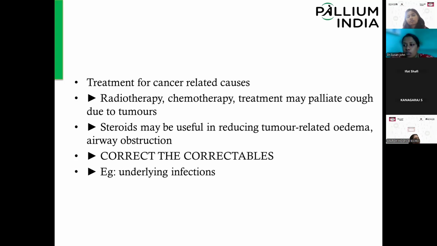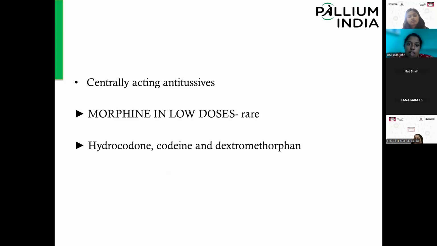If any correctable cause is there, such as an underlying infection, you have to correct it with antibiotics. We can use centrally acting antitussives, and rarely we can use low dose morphine. That is also very important, the same effect as in breathlessness.